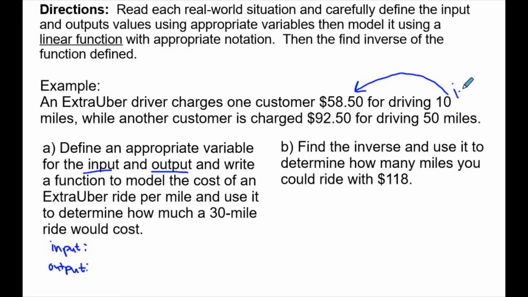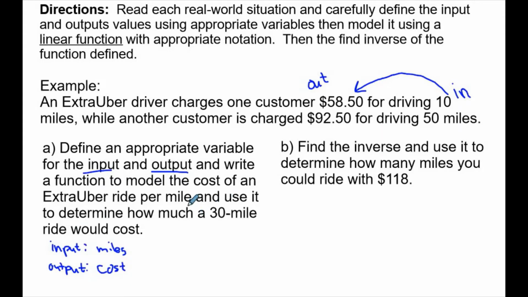This is our input here, and it's producing this output here. And same thing for the second one down here. We'll talk about why there's a second one in just a minute. So the input is the miles. I'm inputting a mile to the driver, and the driver is outputting a cost to me. And so, hey, we did the first step.